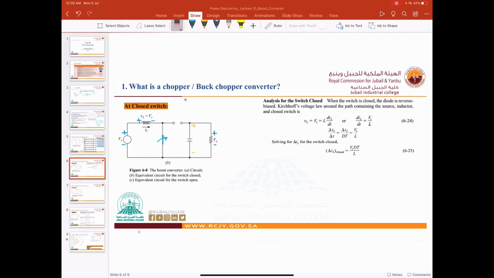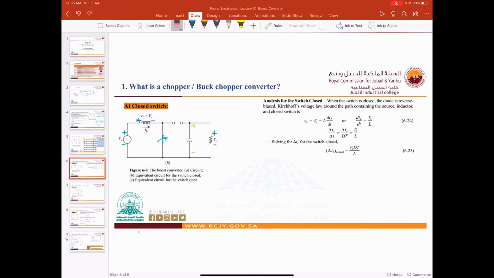Now let us analyze the circuit, and we know that VL here is basically equal to VS. Why, shabab? The same voltage here. Can you see here?